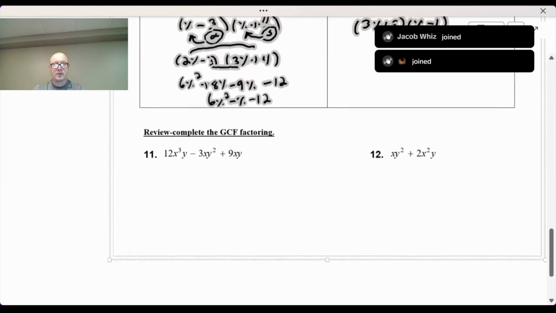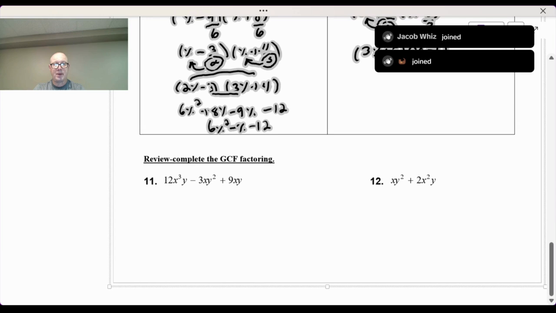Okay, so this is complete the greatest common factor factoring of this. All right, so what is the greatest common factor in number 11? Let me get the pen here.